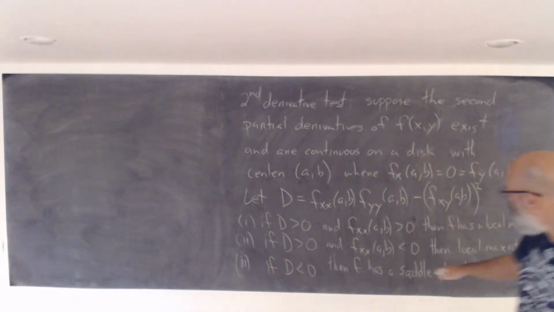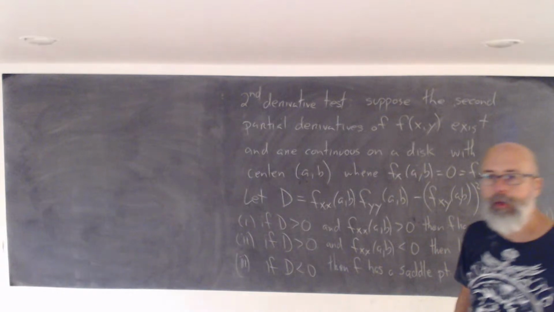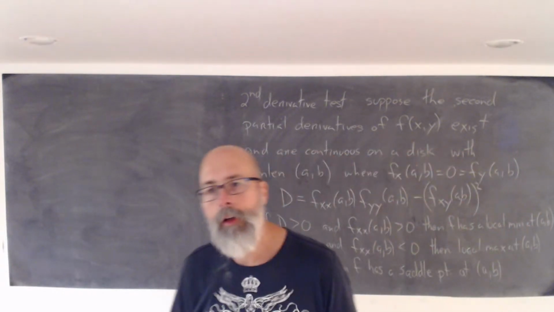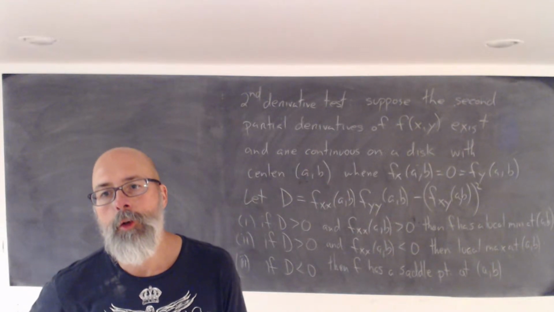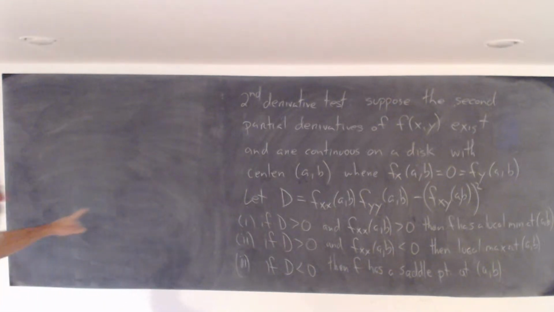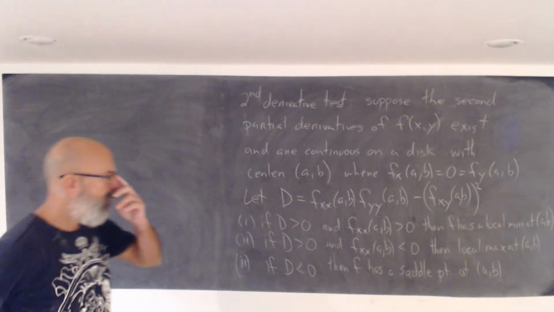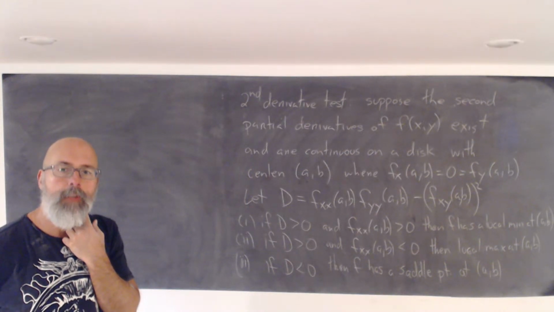And of course, you're questioning what is a saddle point. Before that though, Finn is asking, so here AB is what? A critical or singular point? Well, we're not using that distinction.